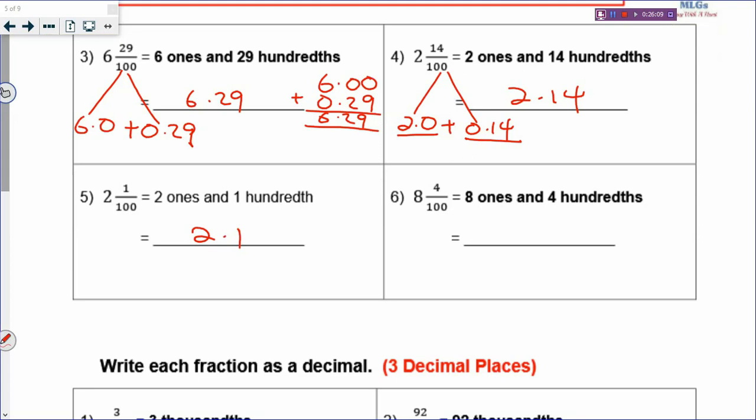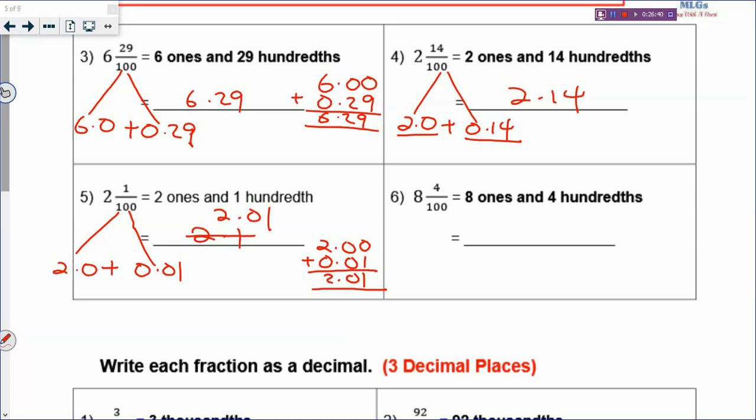So what I will do is break up again. 2 wholes is 2.0, change it into a decimal. 1 over 100 is 0.01, and when you plus them together, let's check. You have 2.0 plus 0.01. You just put one more zero in the blank space, and then you plus them together, 2.01. It's not 2.1. It's actually 2.01.